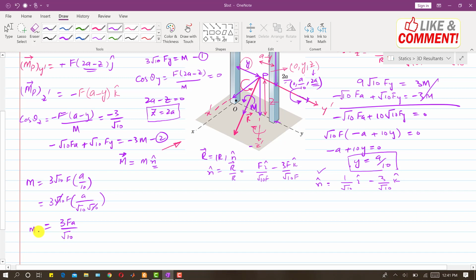So this is that moment magnitude, and it is positive, so the assumed direction is the accurate direction. So the wrench is positive, so this magnitude is positive. And now to write this vector, it will be equal to this magnitude times this unit vector.